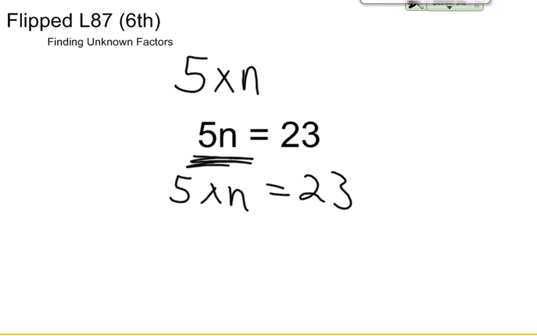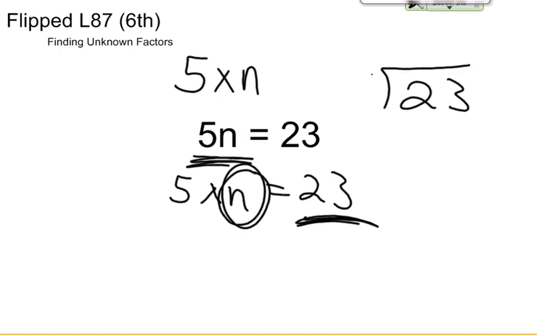So how are you going to solve for this? Of course, since this is the product, the answer, to solve for a factor, you need to divide. So we're going to take the product divided by a factor, and we're going to be able to solve. So 5 goes into 2 0 times, 5 goes into 23 4 times. 4 times 5 is 20, and we have 3 left over.